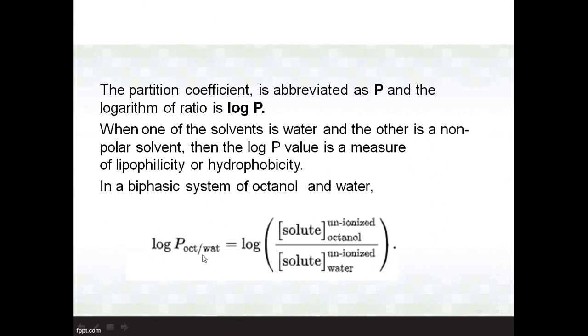So log P is equal to log of solute concentration. The square brackets indicate the concentration. So the concentration of solute in octanol divided by the concentration of solute in water. Now remember, partition coefficient is calculated always for the unionized species.